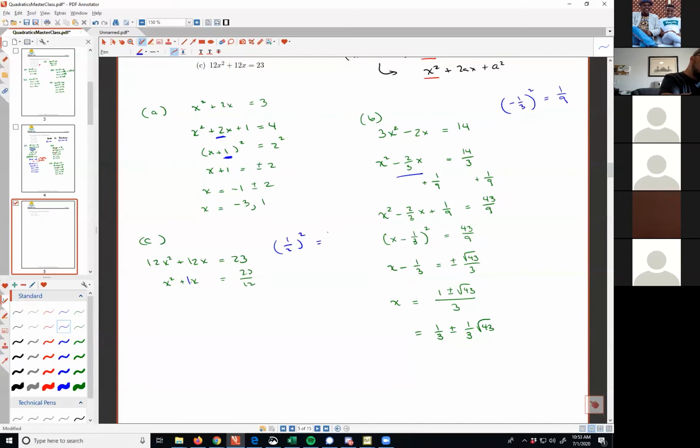And we square that and we get 1/4. And that tells us what to add to both sides. So on the left-hand side, we have x squared plus x plus 1/4. And on the right-hand side, I think we get 26/12, so 13/6. Now we're ready to repackage the left-hand side.